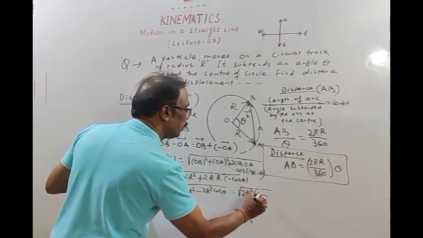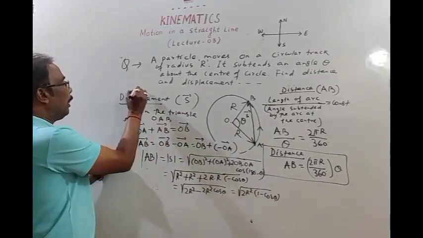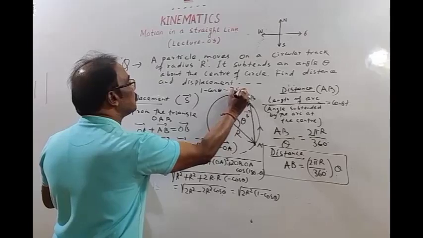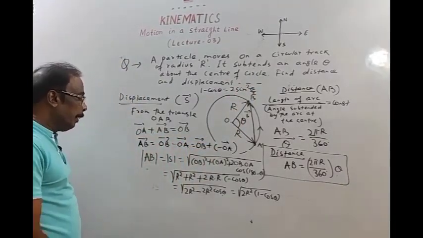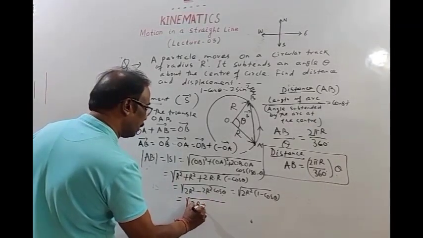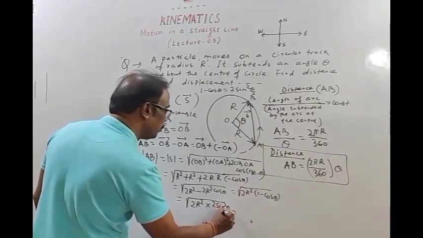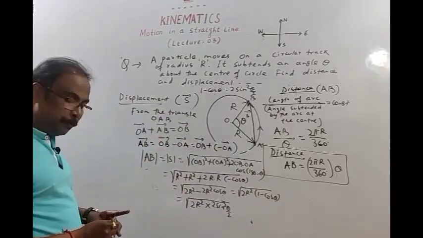This equals 2r square into (1 minus cos theta), and as you know, 1 minus cos theta is equal to 2 sine square theta by 2, from a trigonometric formula. Then this is equal to the square root of 2r square into 2 sine square theta by 2. I am writing here the formula for the magnitude of displacement.